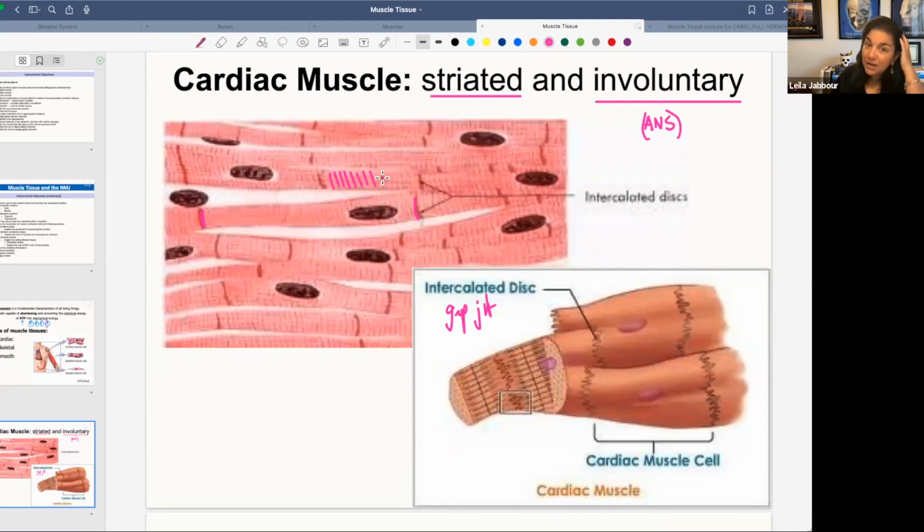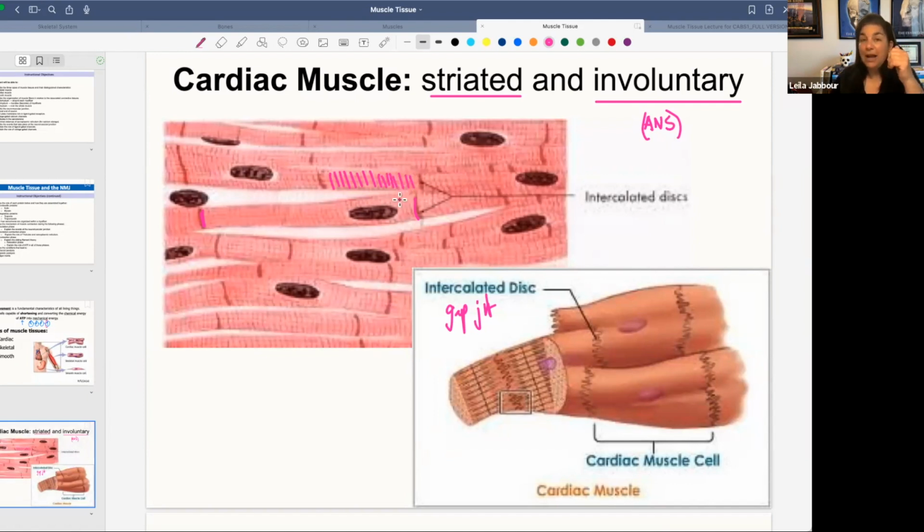These contractile proteins are organized in such a way, parallel to each other and very organized, and we'll get into that organization, that you end up seeing a pattern that is visible under the microscope, because some of these contractile proteins are thicker than the others, and the banding pattern ends up being striated and repetitive because it's very, very organized. So these contractile proteins organized in this fashion are visible in the cardiac and the skeletal muscle cells.